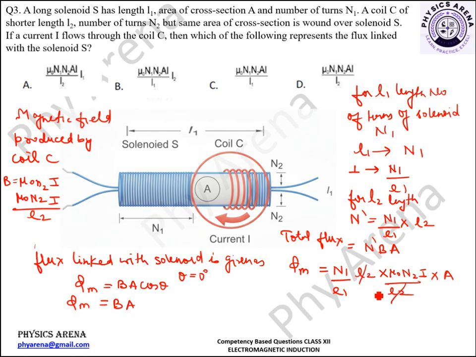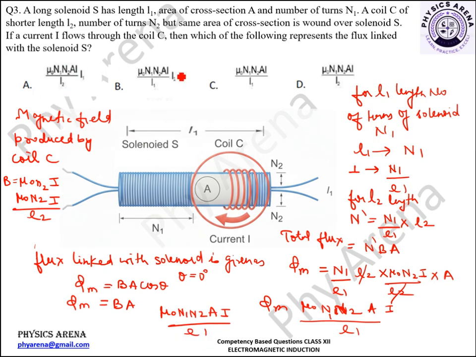This L2 gets cancelled out with this L2 and we are left with mu naught N1 N2 A I divided by L1. So this is the final expression for the magnetic flux, that is mu naught N1 N2 AI divided by L1.